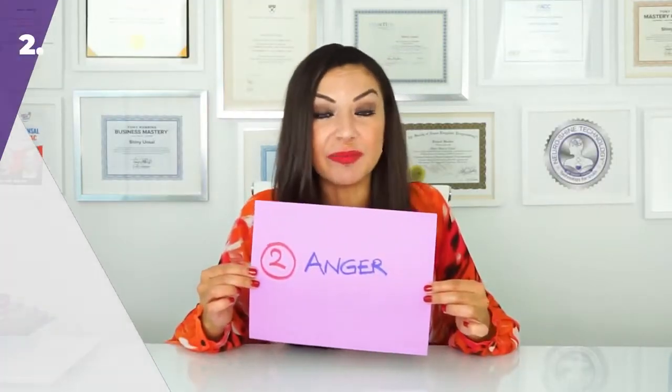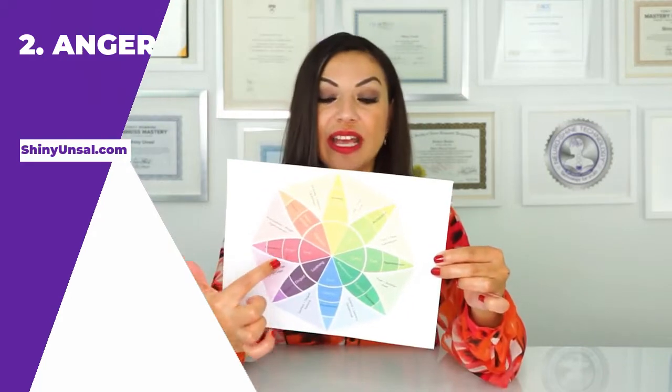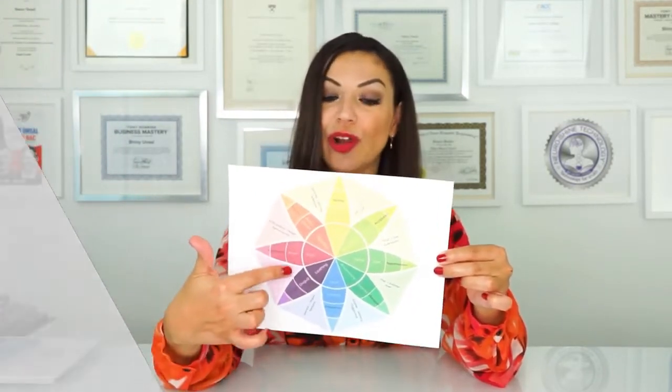Second is anger. And anger is the polar opposite of fear. So let's look again. As you see, anger is right on the opposite polar of fear. Why? Because when you feel the fear, you diminish your power. You let go of your personal power. You feel helpless.